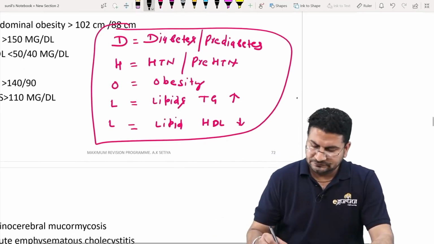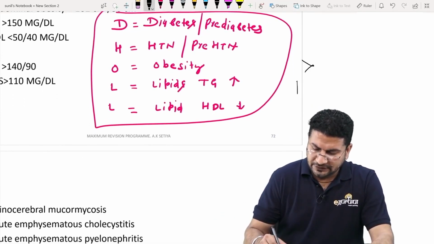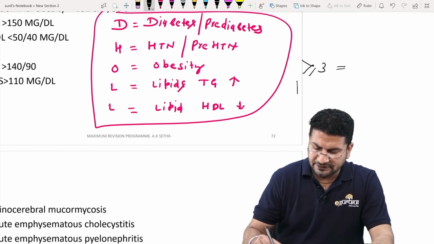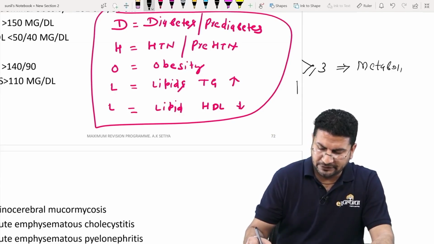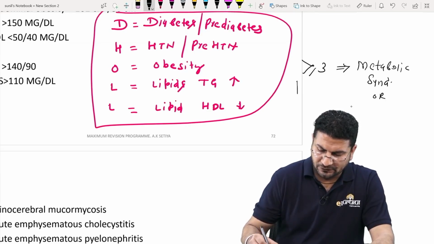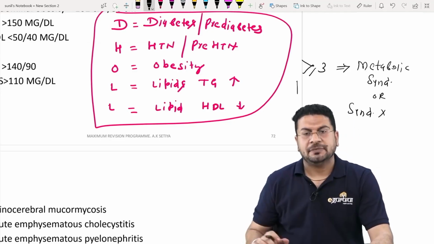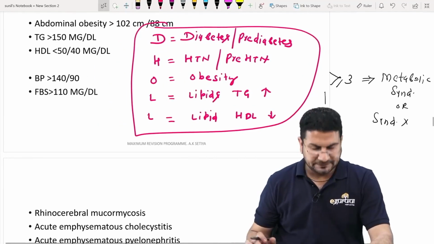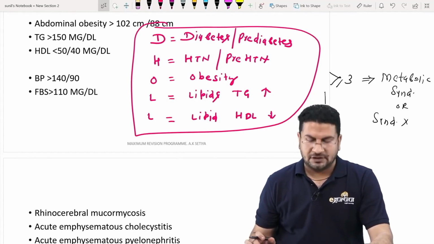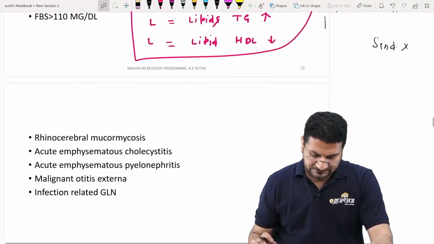If three or more features are present, then it's a diagnosis of metabolic syndrome. Metabolic syndrome, also called syndrome X. So easy now, metabolic syndrome.